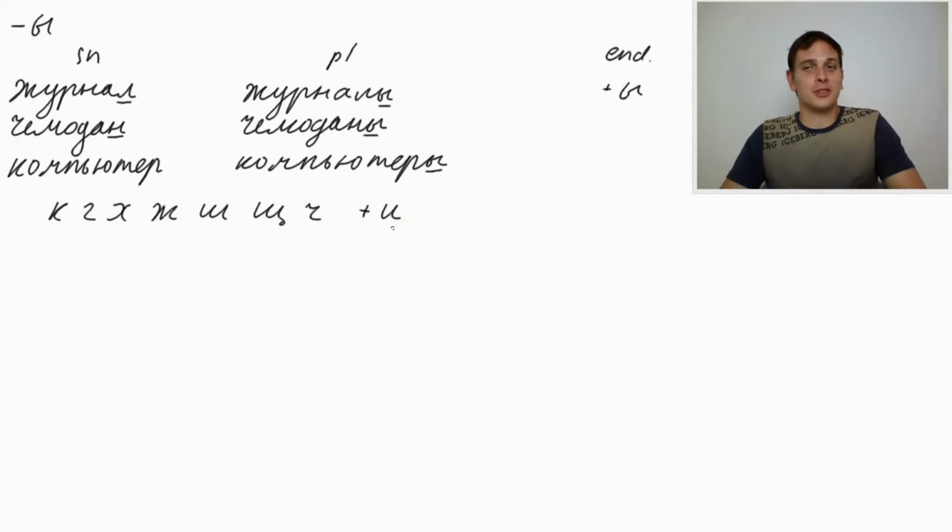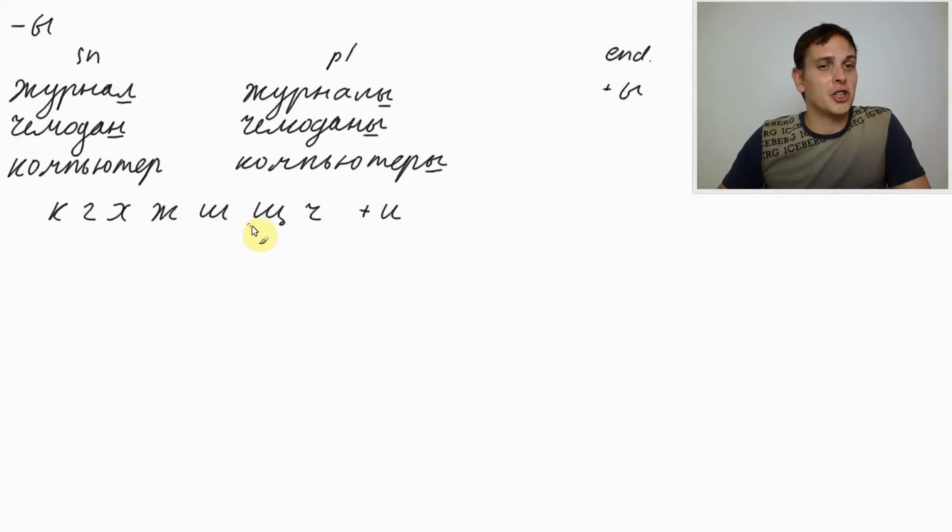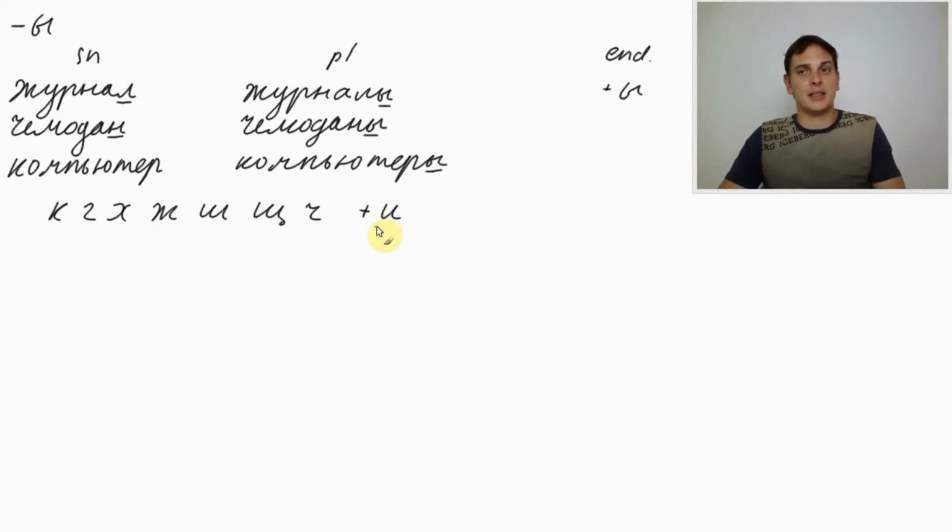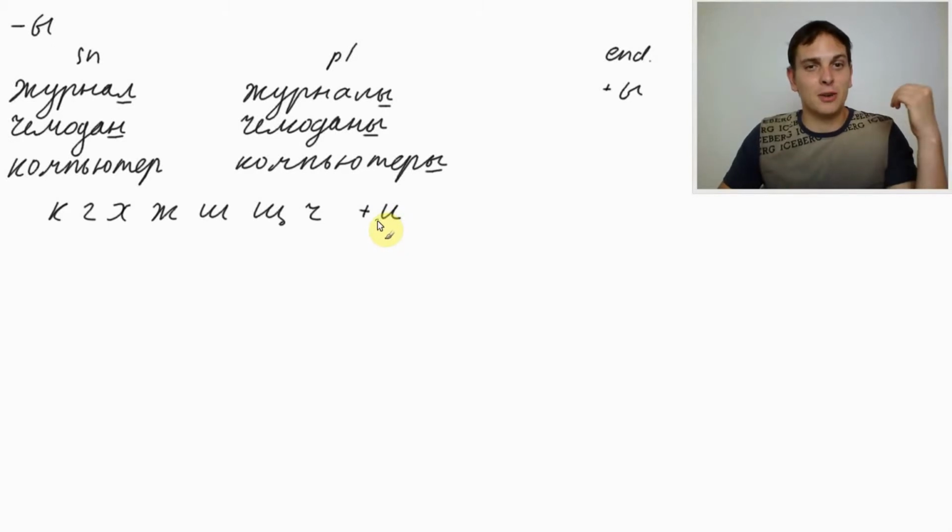Why? Basically because ши and шы, or чи and чы, жи and жы, хи and хы are sounding quite similar. So Ы and И are kind of replaceable in this case, at least for the sound.